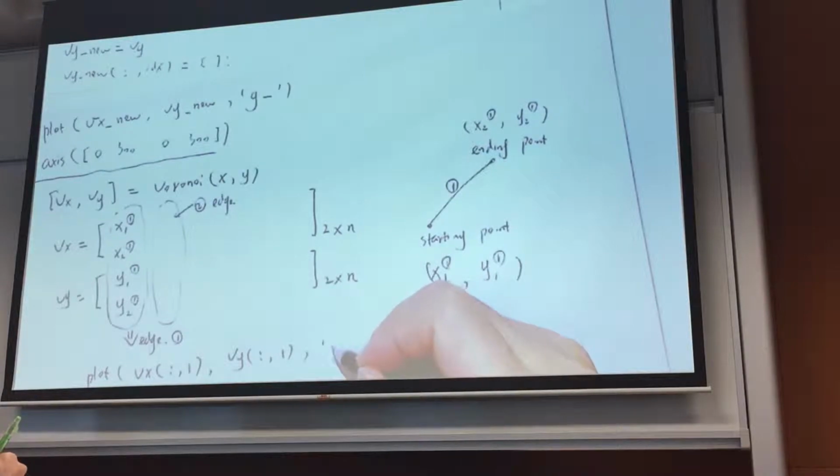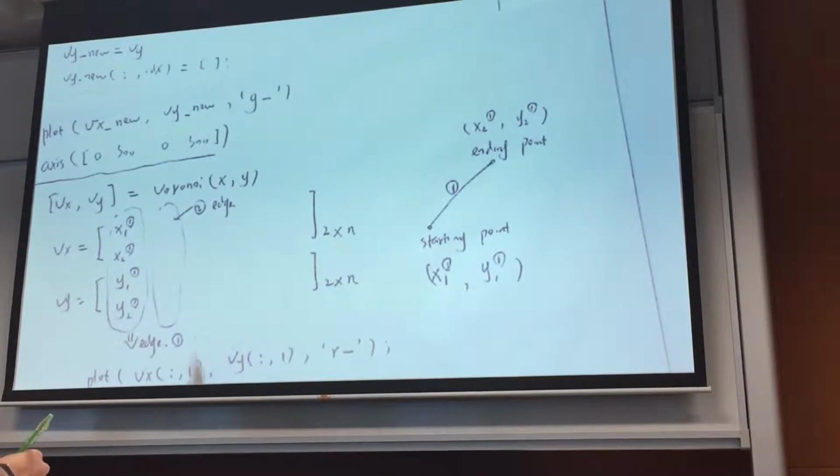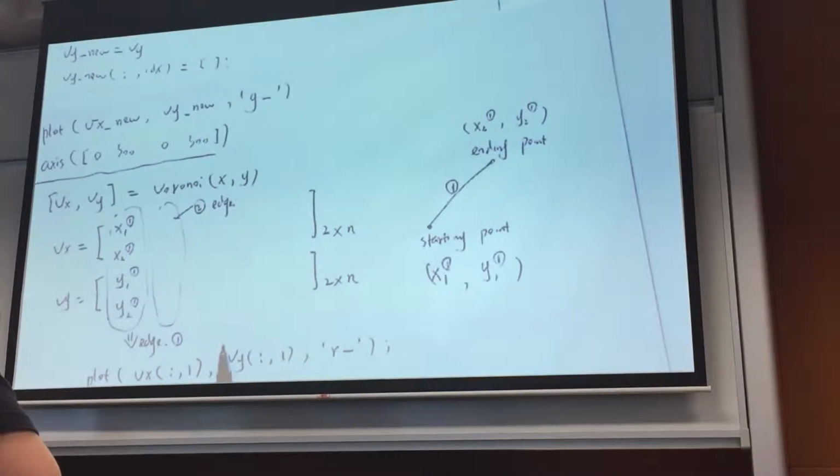Then, for example, you use a red solid line. If you run this command, you will see which edge has been highlighted in your diagram.